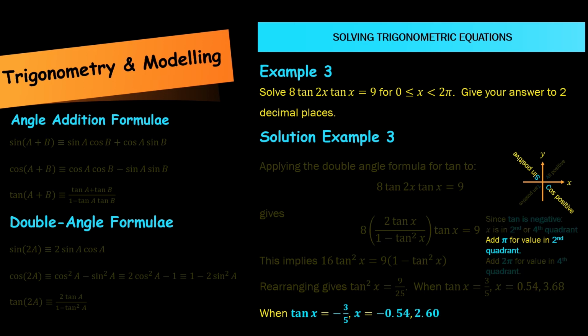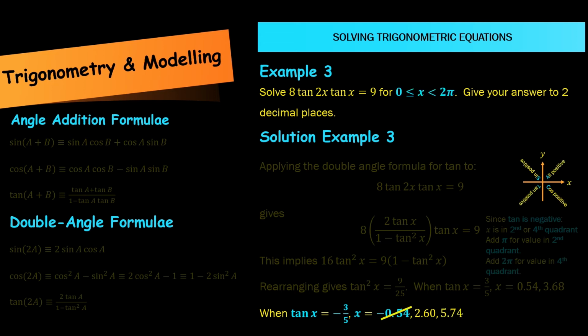So we have 2.60 in the second quadrant for x, and adding 2 pi to minus 0.54 gives us 5.74, which is the value in the fourth quadrant.